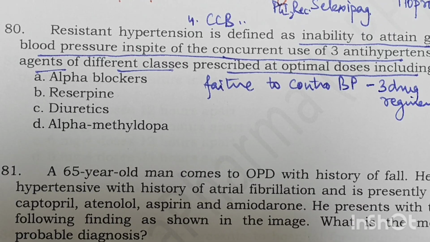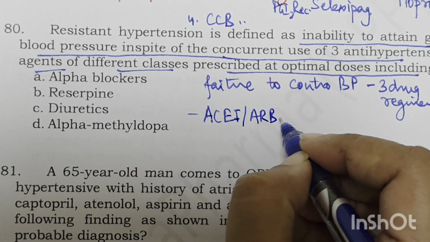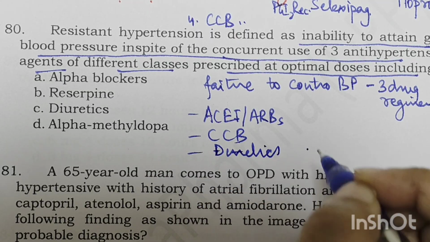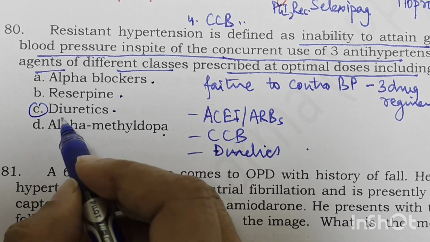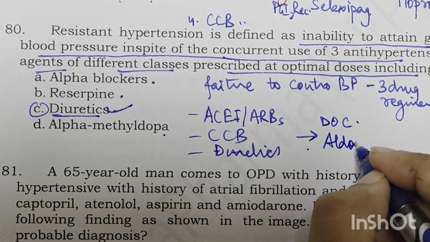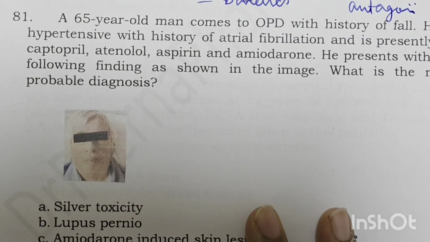Now what are those 3 drugs? They are usually ACE inhibitors or ARBs, CCBs, and diuretics. So what are the drugs which are given here? Alpha blockers, reserpine, diuretics, and alpha methyl dopa. So out of that, this is the correct answer. The drug of choice in resistant hypertension is an aldosterone antagonist. So remember this, like spironolactone.